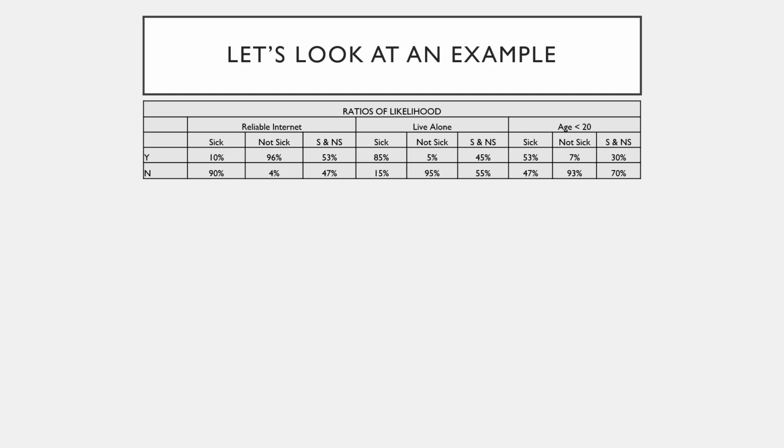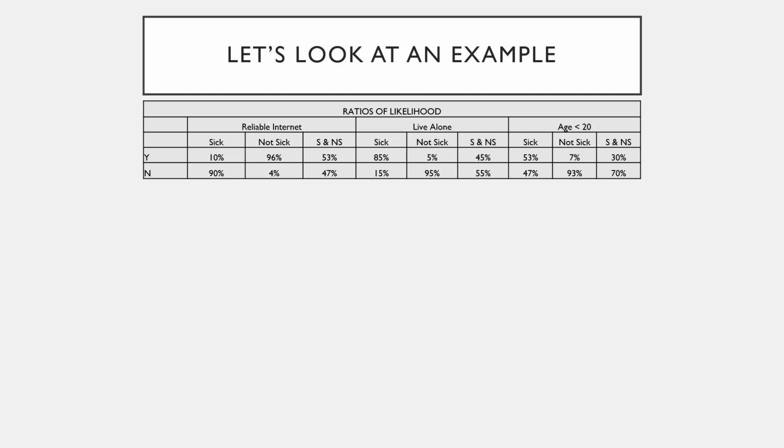They have Board 25. 96% of the people who answer that they do have reliable internet are not sick. Of the people who are sick, 85% say they live alone, and of those who are not sick, 95% say that they do not live alone.